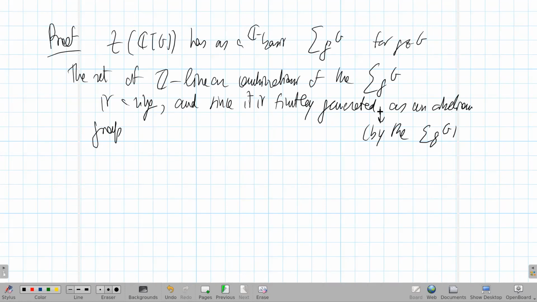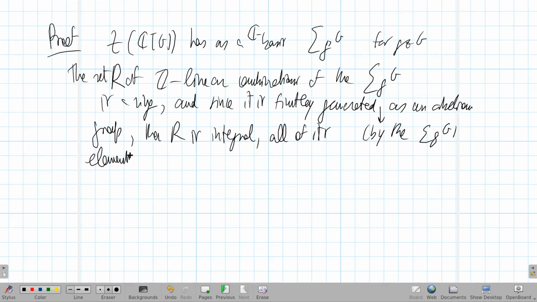Since it is finitely generated as an abelian group, remember we have proved, not in all details, then this ring, let's call it R, is integral. All of its elements are integral, meaning that they are roots of a monic polynomial with integer coefficients.